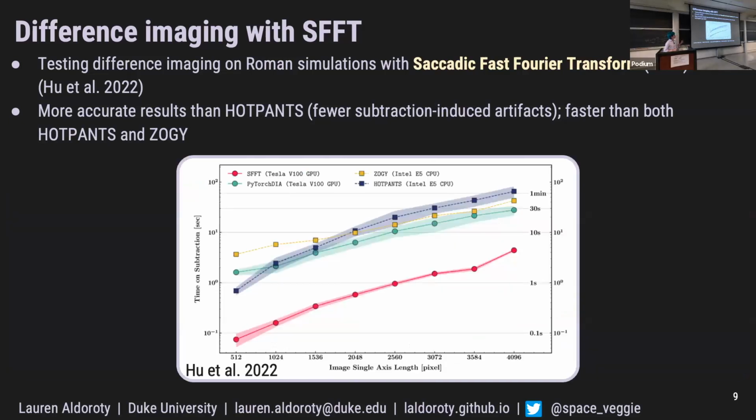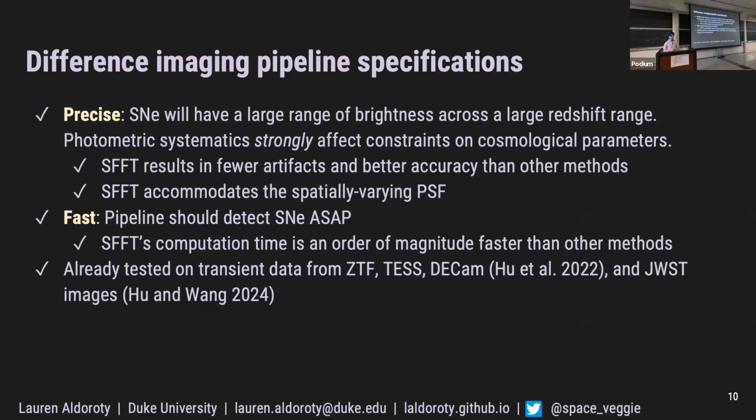This plot shows the computation time. The x-axis is image axis length, so the size of your image, and the y-axis is time in seconds. And SFFT is the red line. It is a whole order of magnitude faster than the other three tested methods. So check boxes all around. It's precise.